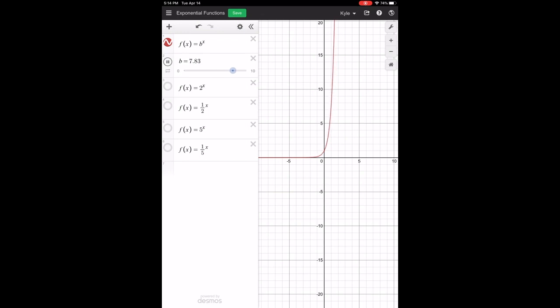For us, an asymptote is going to be a line that the graph never hits. It's a line that the graph will never hit and will never cross. As you see the exponential functions moving around here, is there a line? Is there a point or an area on the graph that this curve will never cross? Can you see a line that the graph gets incredibly close to but never crosses?